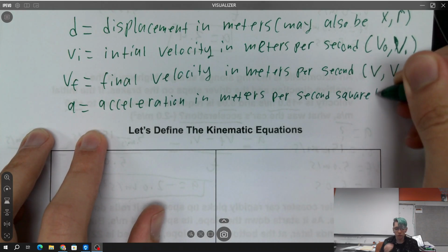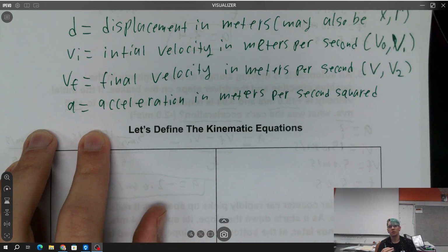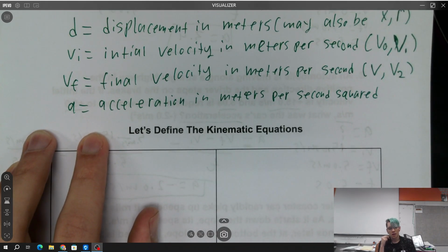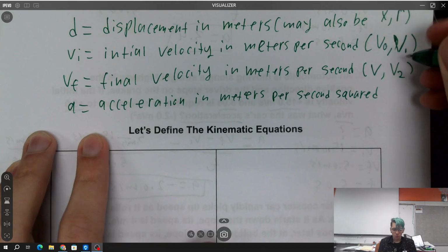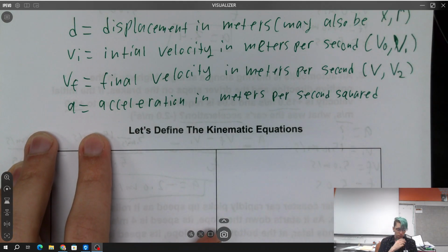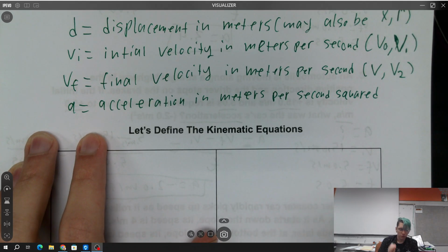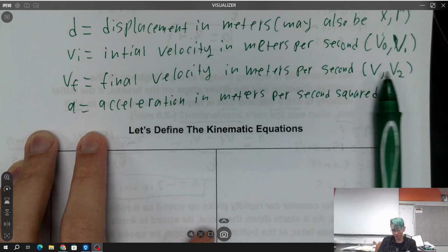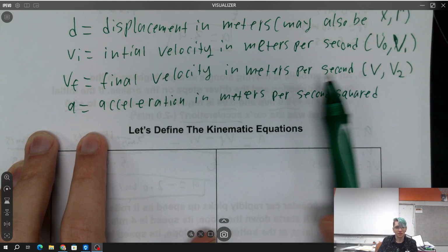And there's not really another unit to list there because we almost always use A for acceleration. If it's gravity, you might see G, but usually it's only for using gravity and we were just dropping objects.